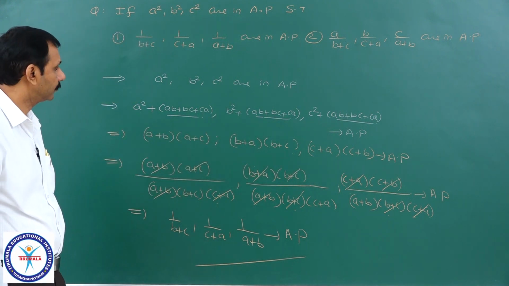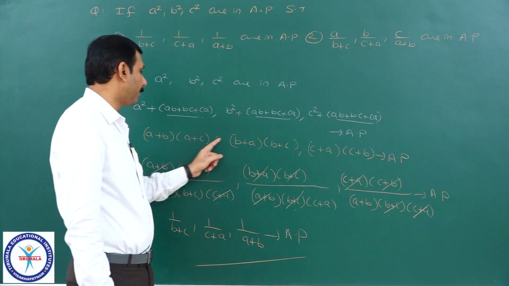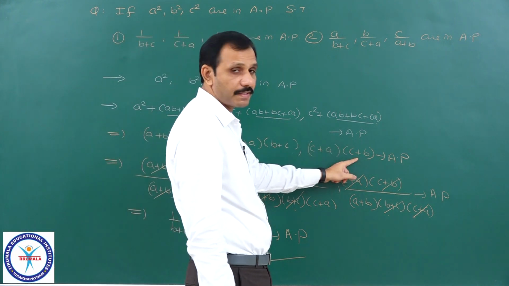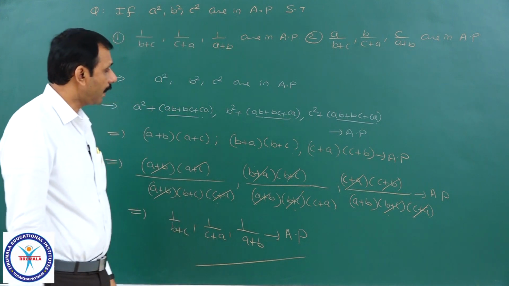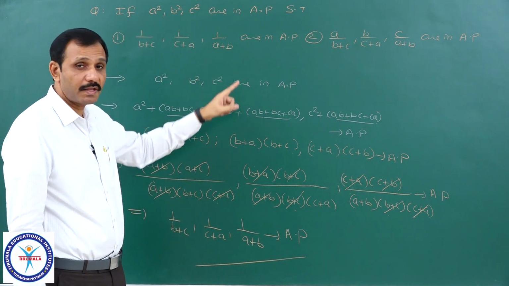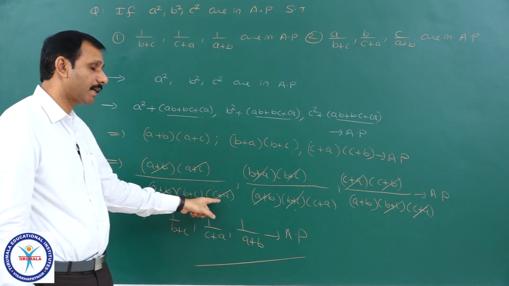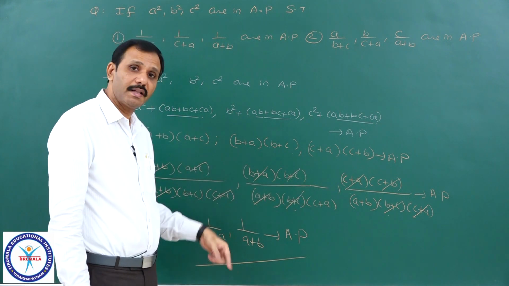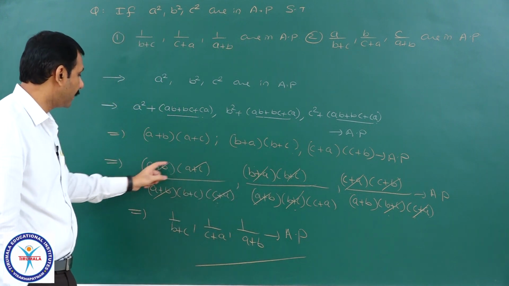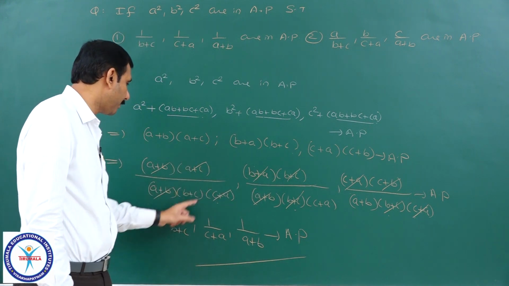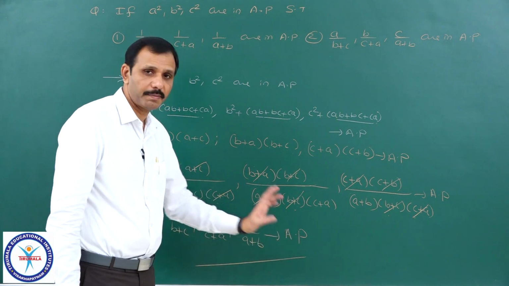Now, it is A plus B, A plus C, B plus A, B plus C, C plus A, C plus B, and because I want in the denominator, I multiplied with 1 by A plus B, B plus C, C plus A, all these three terms, still they form an AP only, and these two terms got cancelled, therefore 1 by B plus C, 1 by C plus A, 1 by A plus B are in AP only.